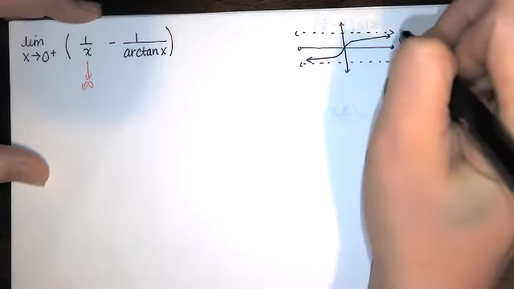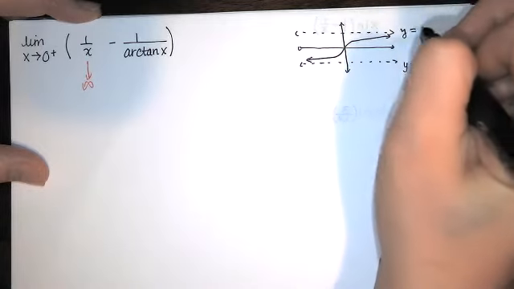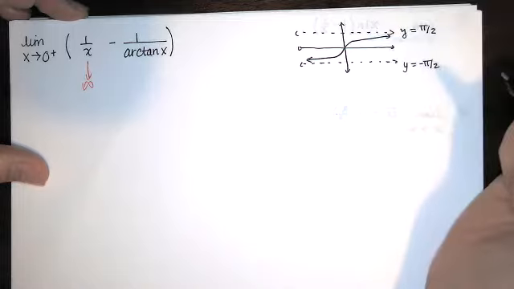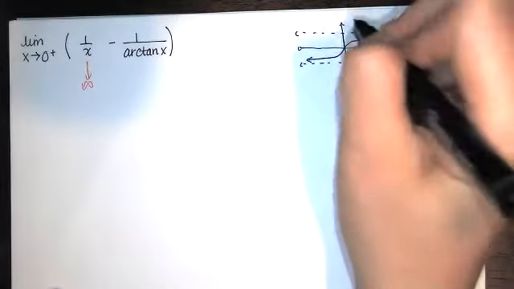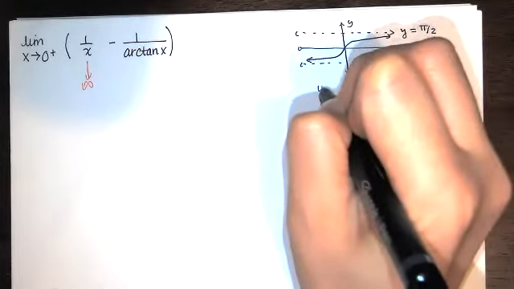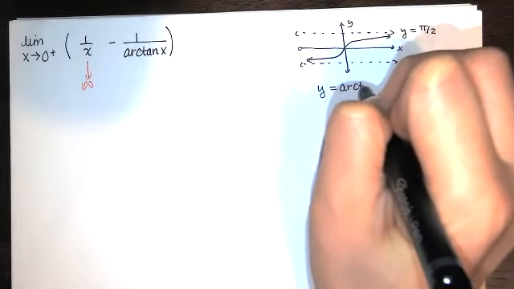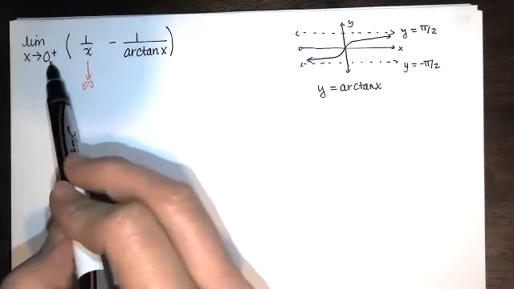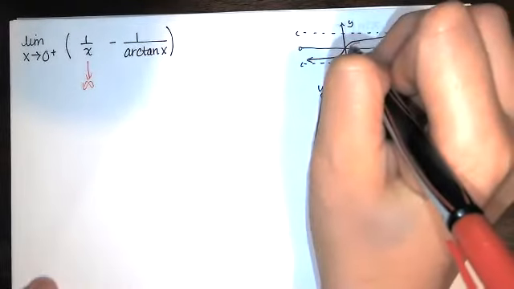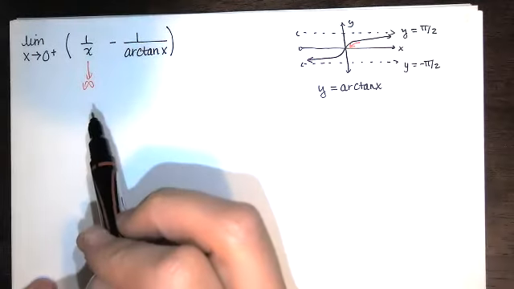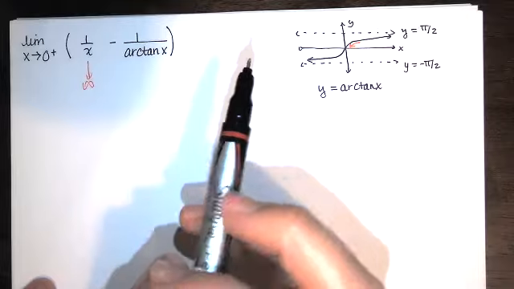So when we took one branch of that tangent function, we switched x and y. Instead of getting vertical asymptotes, we got horizontal asymptotes. And so arctan looks like this. As x approaches 0 from the right, arctan approaches 0, so this is 1 over 0, which is either plus or minus infinity.